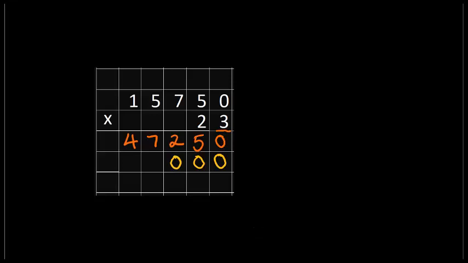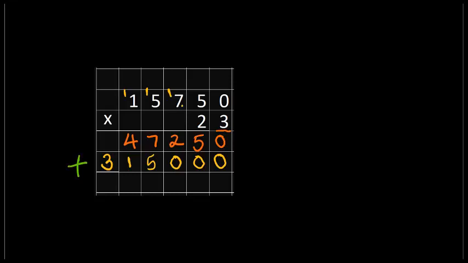So 0, carry 1 over. 2 times 7, 7, 14, plus 1 is 15. 15, carry the 10. 2 times 5 is 10, plus 1 is 11. So 1 down there, carry the 10. And 2 times 1 is 2, plus 1 is 3. And there we have our second line.